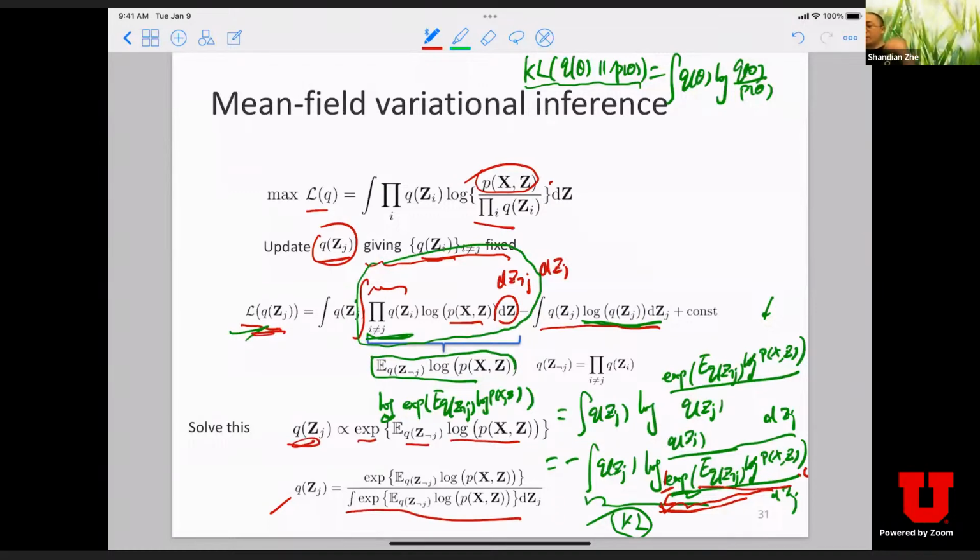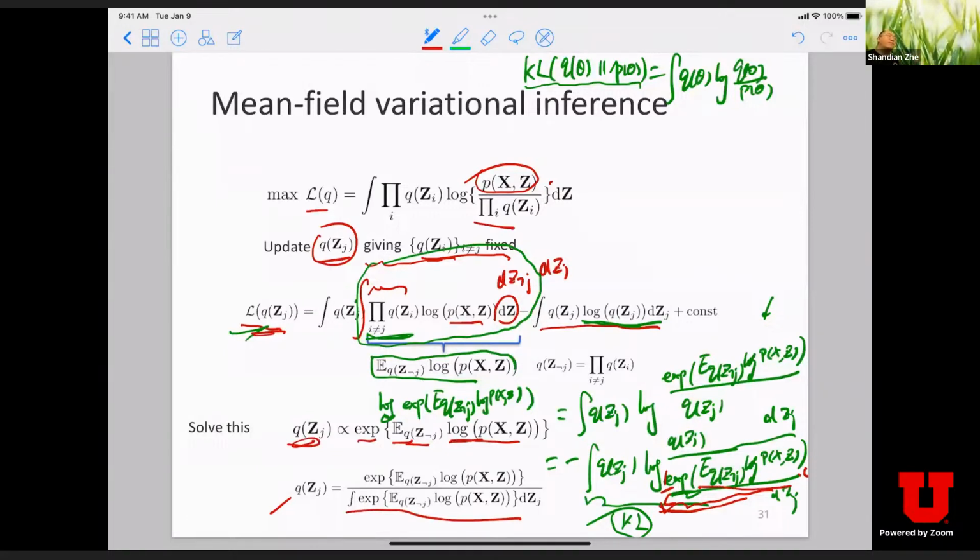So this is how we get the mean field update. Every time we pick one Q(Z_j) to update and fix all the other Q(Z_i)'s. Our updating rule is to look at the distribution proportional to the expectation of the log joint probability under the approximate posterior of all the other variables.